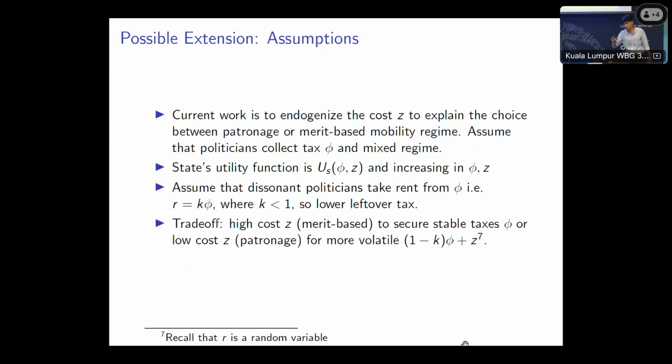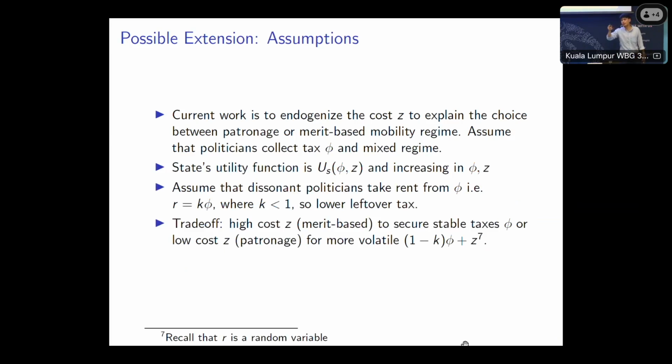I'll just briefly talk. What I'm going to do now is to actually endogenize the cost Z, because right now Z comes from heaven. So I wanted to explain the choice between patronage or merit-based mobility regime. So if you assume that the politician collects tax in a mixed regime, and then the state utility function is this. What was Z again?